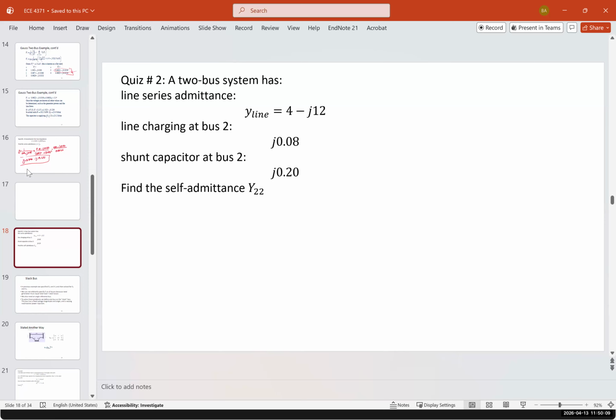We want to find the admittance here. We have a 2-bus system, and the line series admittance Y line is 4 minus J12. Line charging at bus 2 is J0.08. The shunt capacitor at bus 2 is J0.2. And we want to find the self-admittance Y22.